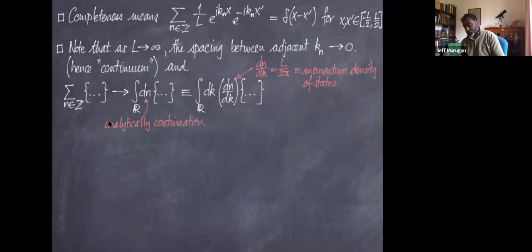Another convention that I need to point out, and that's important in this game, is that we usually phrase things not in terms of an L-dependent momentum density of states, but in fact in terms of an L-independent local density of states.